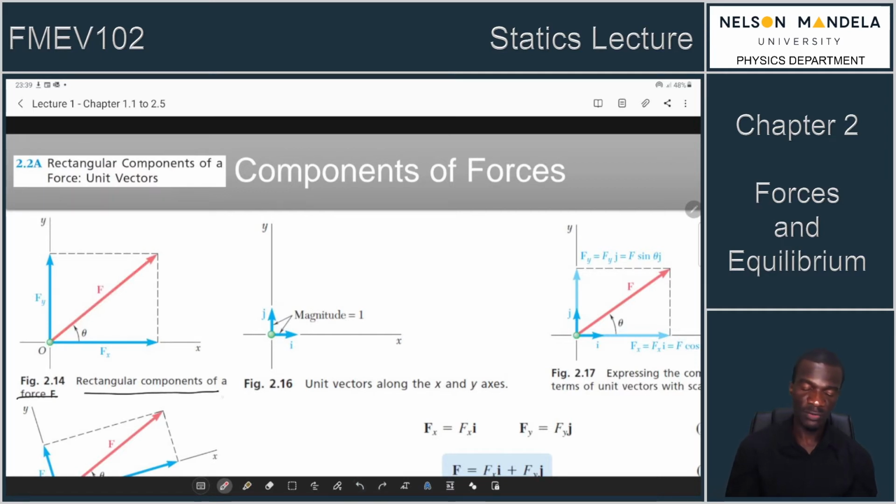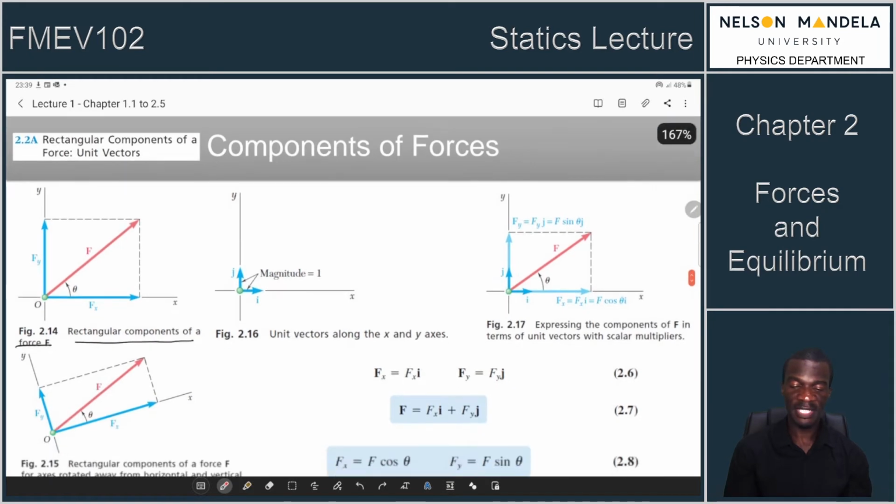So you've got your force, it is denoted by the symbol F, then that force is acting at some angle theta. That is the definition of your rectangular components of the force. How do you find the rectangular components? You then relate this horizontal component to the force, simple trigonometric methods.